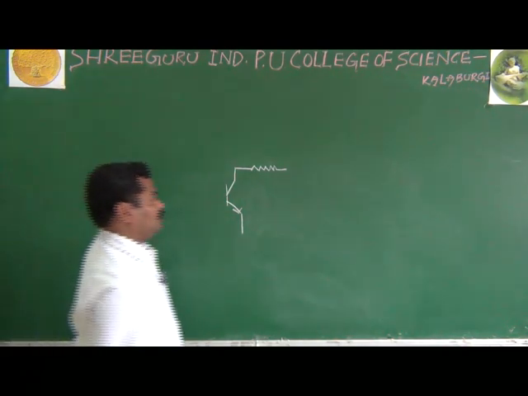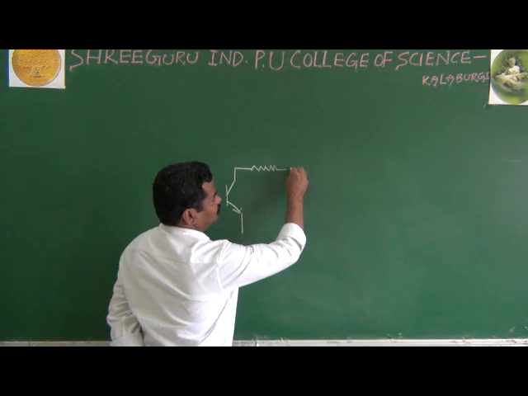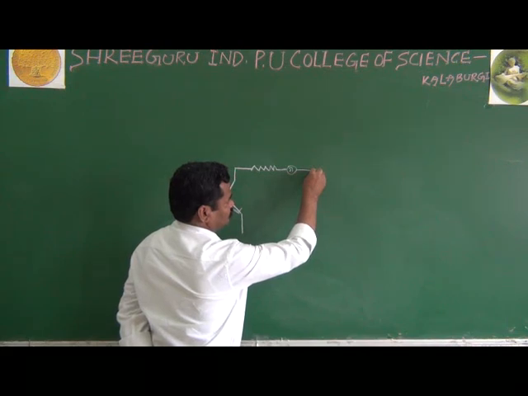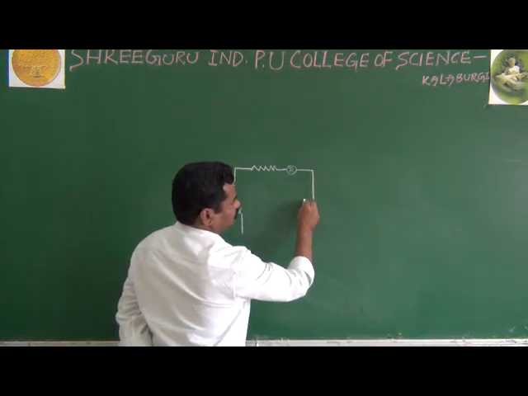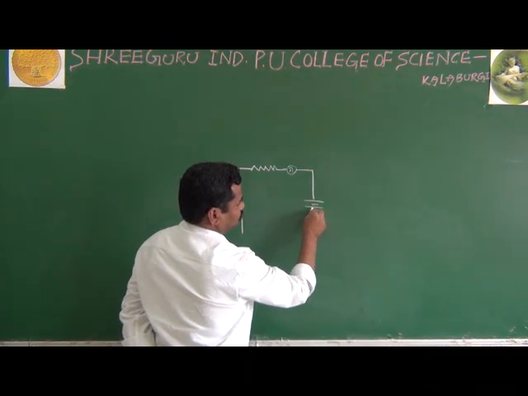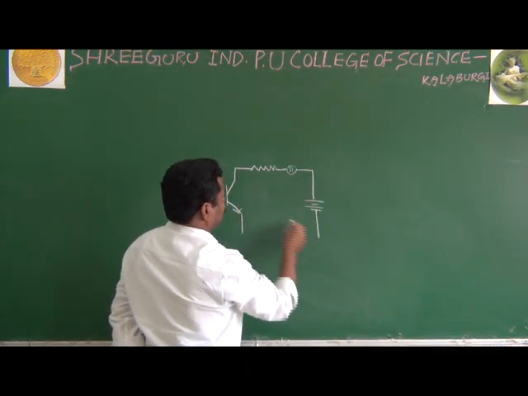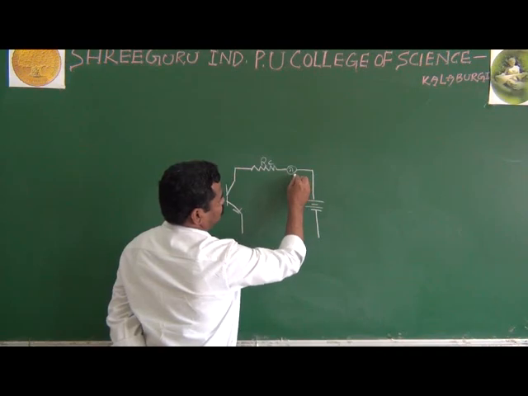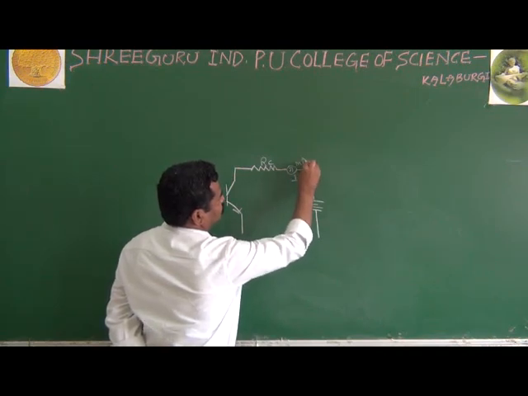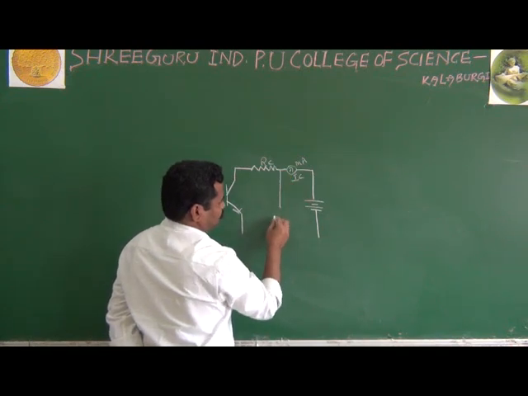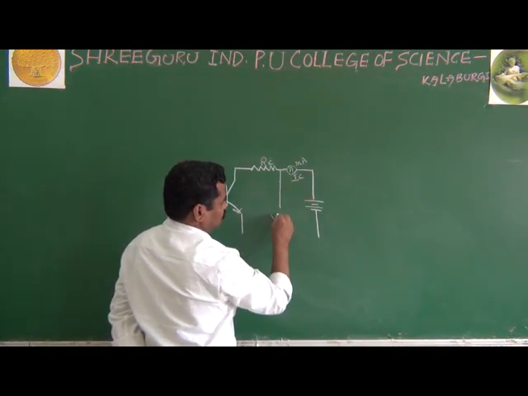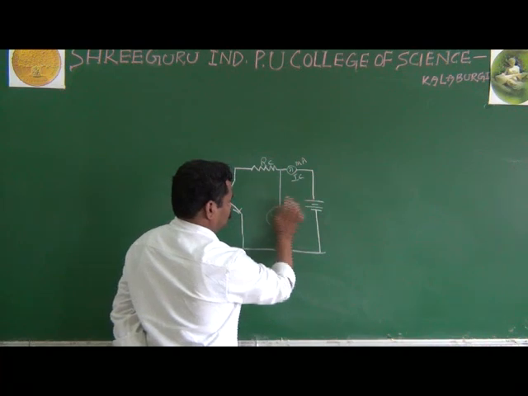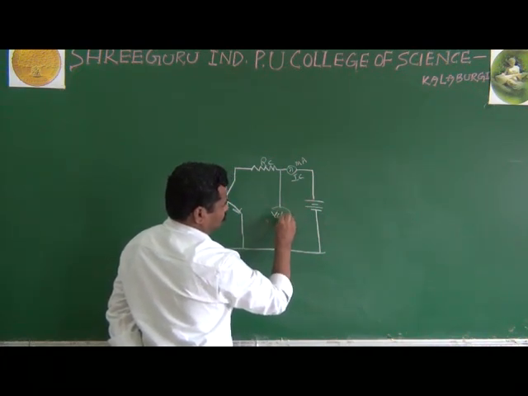At that time you have to draw the diagram, and here you apply the voltage here, and here this is called RC, this is called IC, this is in milliamperes, and here we use VCE, that is output voltage, and this is your common emitter configuration, VCE.